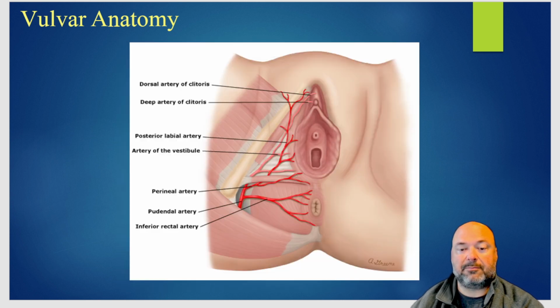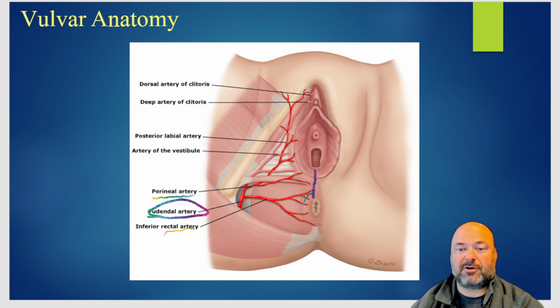Looking at blood supply, most of what we're going to be talking about are areas coming off the pudendal artery. Specifically, with vaginal laceration and then perineal body disruption, we're going to be looking at areas that come off the perineal artery as it relates to the proximal vagina, and then some of the inferior rectal artery vessels that are branching off if we're down into the scope of doing a 3rd or 4th degree repair.